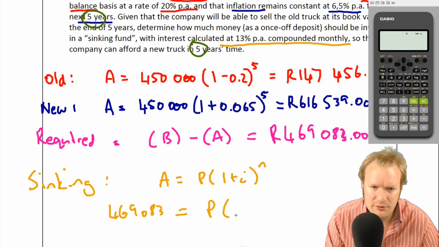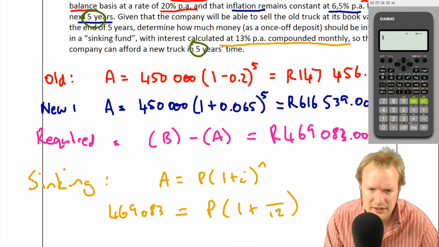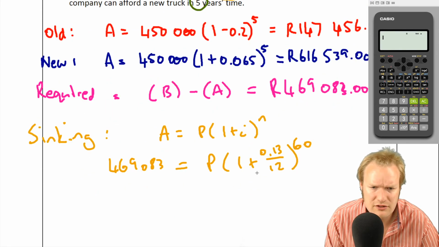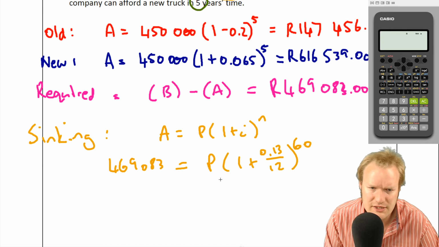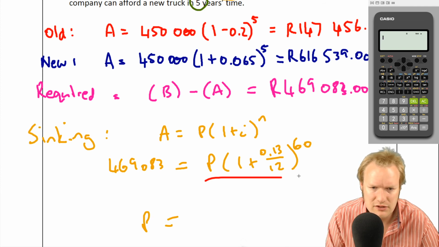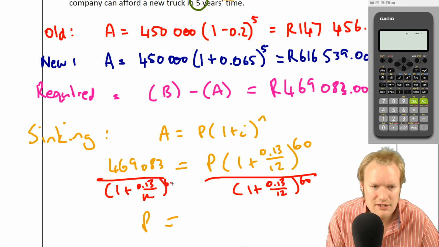We don't know how much we need to put in. 1 plus 13% compounded monthly, monthly 0.13 over 12, 5 years, so 60. Okay, so for P, we just need to divide both sides by this.